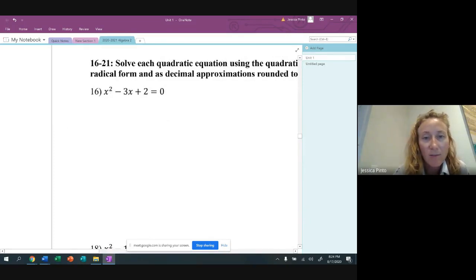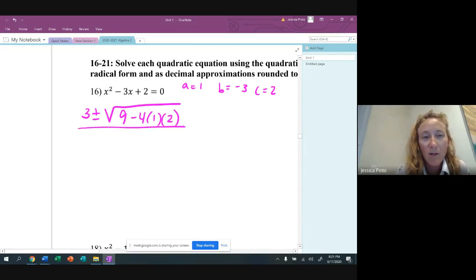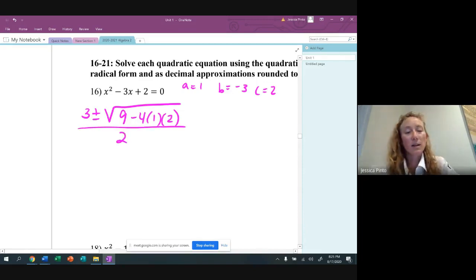I know that A is 1, B is -3, and C is 2. So I've got the opposite of B, 3, plus or minus the square root of B squared, which is 9, minus 4, and you've got to use the parentheses here, times 1 times 2, all divided by 2 times 1.